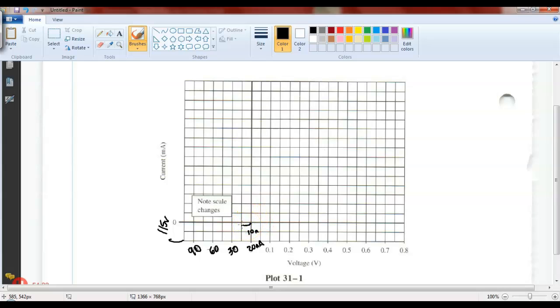Okay, so we'd come down here and put this right about here, right? And what do we have at 60? Okay, so that would be right on top of the line. And then what do we have at 90? So that would be down here.